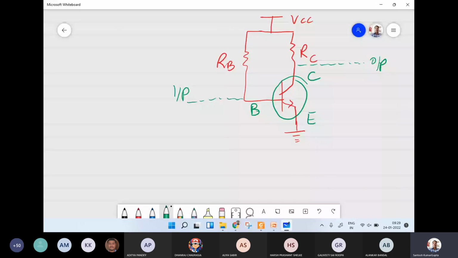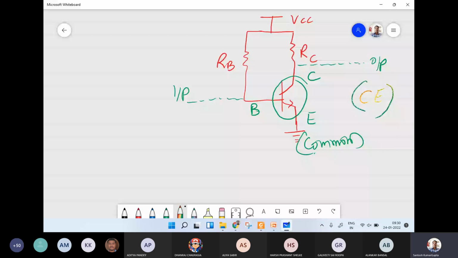Okay, and the emitter is just grounded. All other terminal voltages are being measured with respect to the emitter voltage. So the emitter happens to be a common terminal, so it is obvious here that this is a common emitter configuration.